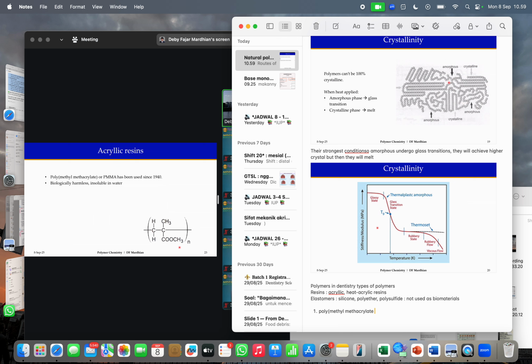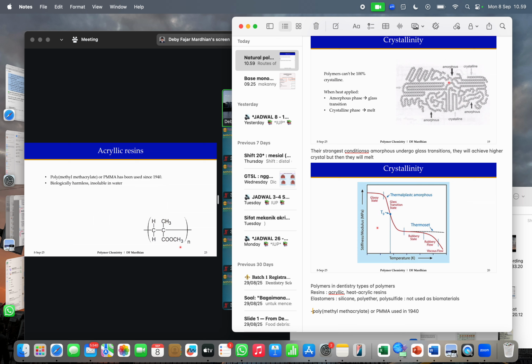So when the PMMA sets, PMMA is biologically harmless because they're not soluble in water. They do not dissolve in water. They do not release substances in water.